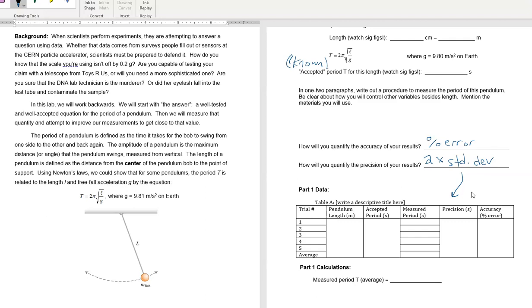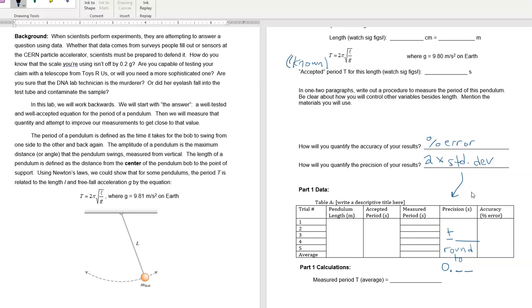I put little boxes to hold those trial data pieces, but there is only one number that goes in each of these large boxes. So you only need to calculate 2 times standard deviation once, and that's going to be a plus or minus some number, and you're going to round it to the hundredths place. Hopefully it's going to be 0 point something something.